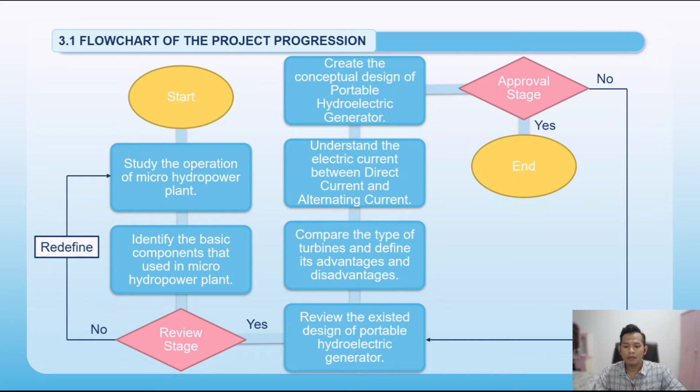At the approval stage, the sketch design of the portable hydroelectric generator needs to be approved by the supervisor. If approved, the proposal can be written. If no, start again from reviewing the existing design of portable hydroelectric generators.